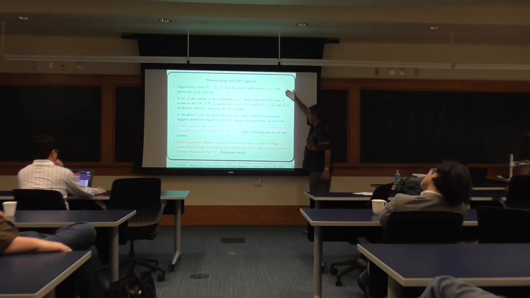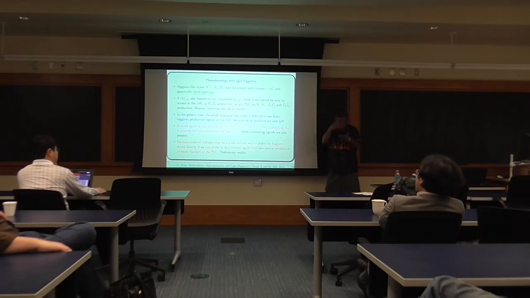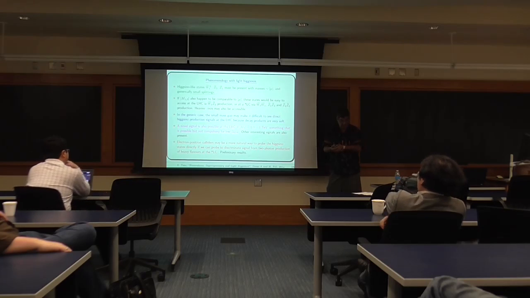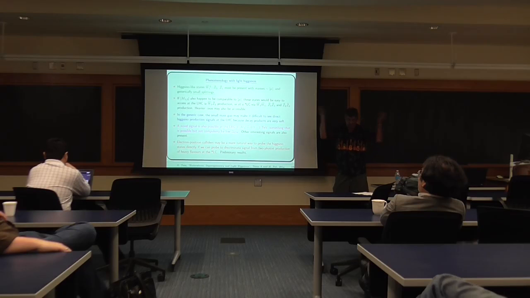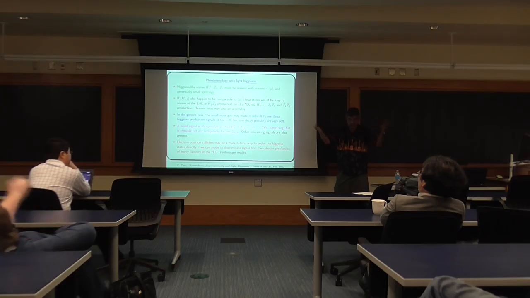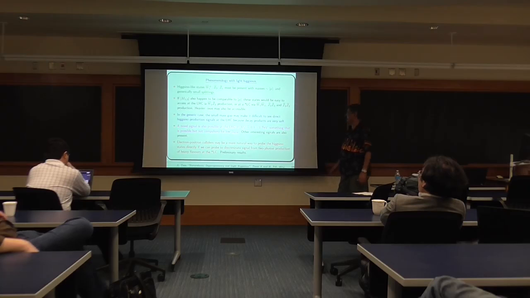So these states will be light, and generically the mass splittings are small if the other states are heavy. That's because everybody has a mass close to mu. And of course, if M1 and M2 by coincidence happen to be light, then it would be very easy to find. I mean, we would have inos coming out of our ears at the LHC, and also easy to see because the mass splittings would be moderately large. But that's a happy circumstance.